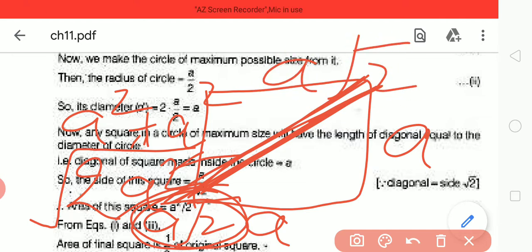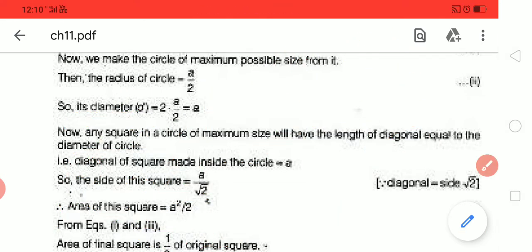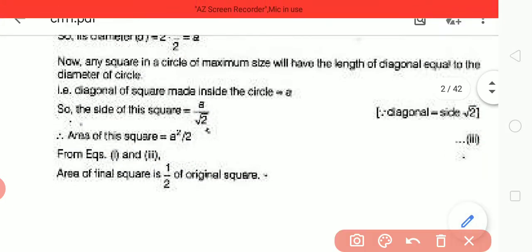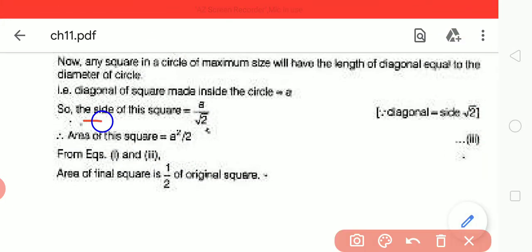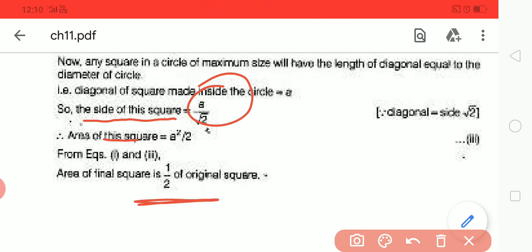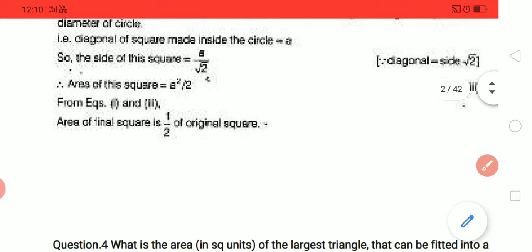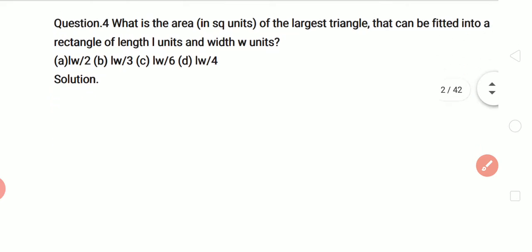A was the side, so diagonal is side multiplied by root 2. The side of this square will be A by root 2, and the area of the square is A by root 2 whole square, and you can find this is half of the original square. So come to question number 4.